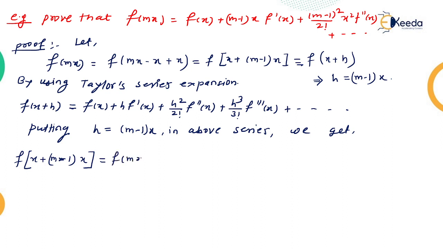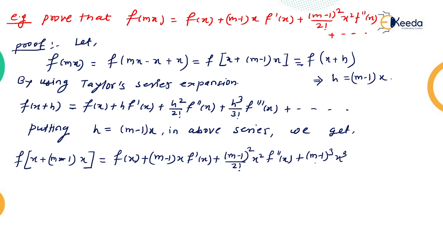Writing it in this way, with h equal to (m minus 1) into x, we get f of x plus (m minus 1) into x f dash of x, plus (m minus 1) whole square upon 2 factorial into x square f double dash of x, plus h cube, meaning (m minus 1) cube into x cube divided by 3 factorial into f triple dash of x, plus and so on.